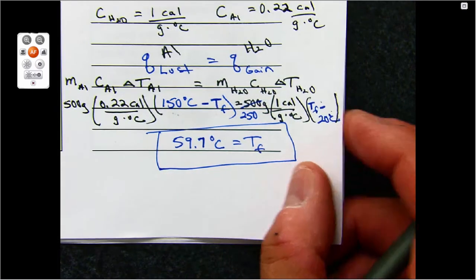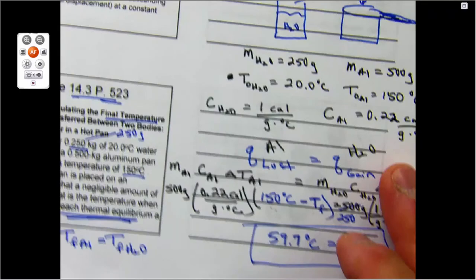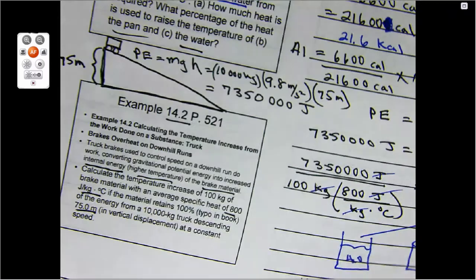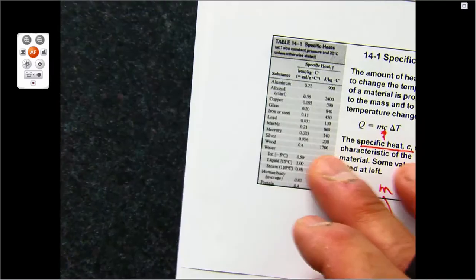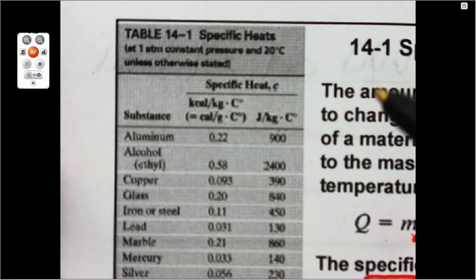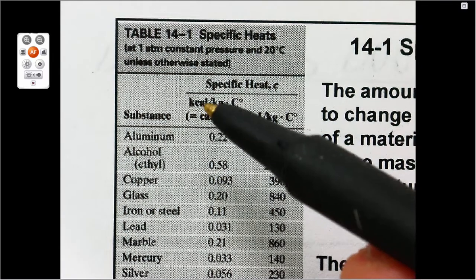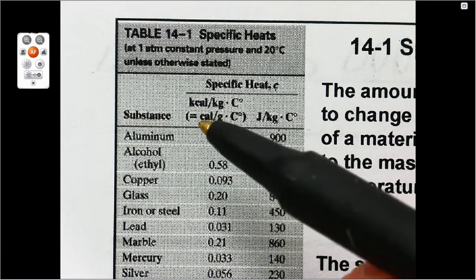So, just make sure you can use either one, provided that your specific heat value matches. So these are the same units here. You could use kilocalories per kilogram, or you can use calories per kilo.